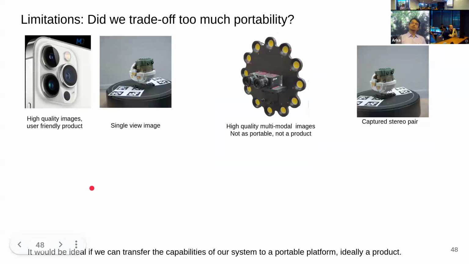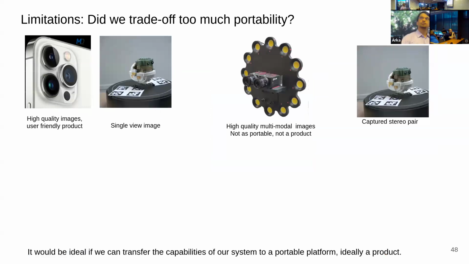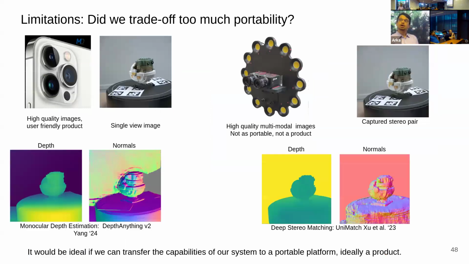The other thing I wanted to talk about is to answer Oliver's question. This is portable, but is this portable enough? Did we trade off too much portability in favor of captured modalities? I'd like to draw parallels between, say, the most modern iPhone, which captures a single view image, and our system, which captures stereo pair and other associated quantities, but it is definitely not as portable and is definitely not a product.